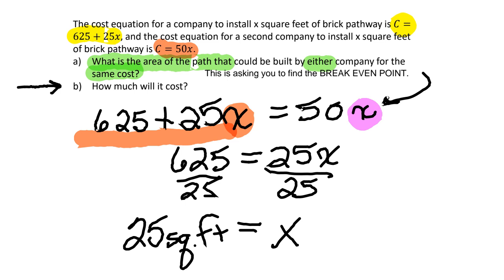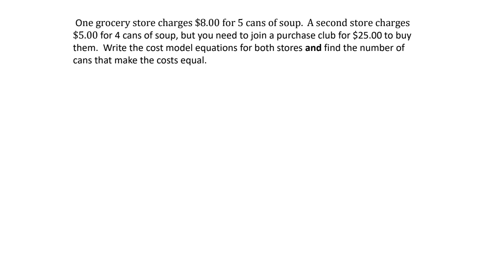Now, the last one. This is going to take a little bit here, okay? Because this is where you have to remember better buy, okay? Better buy equals cost divided by quantity. And that's most important. One grocery store charges $8.50 for 8 cans of soup.